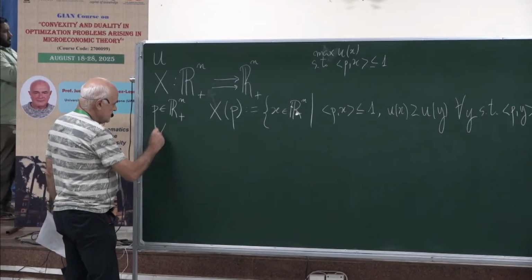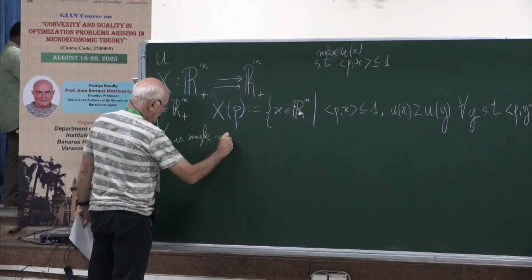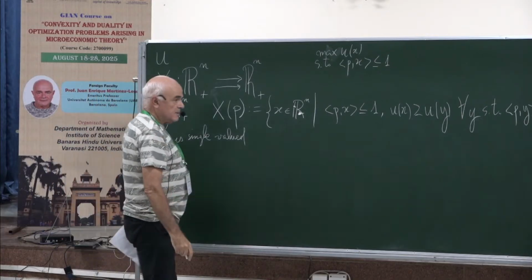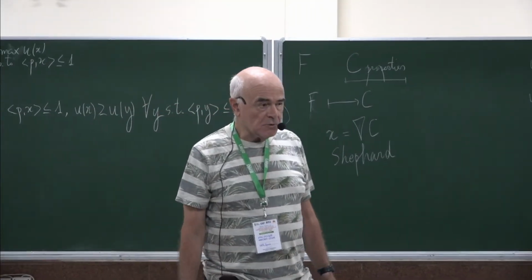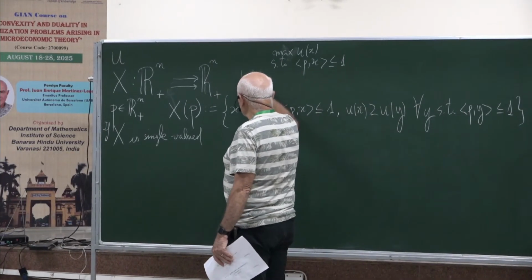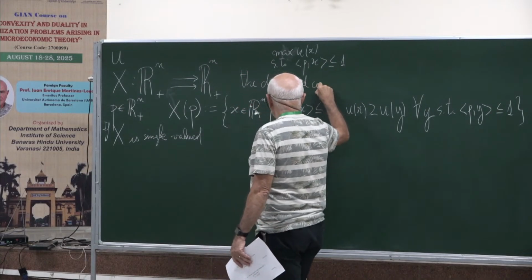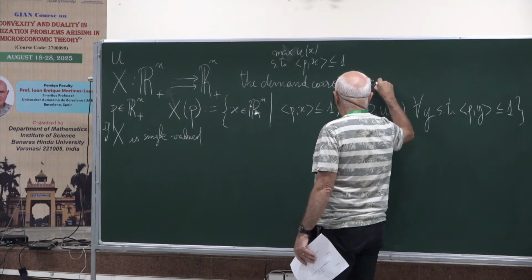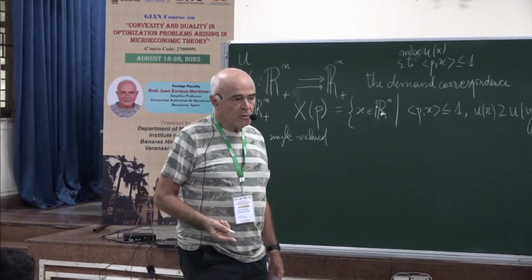So if X is single valued, then we will say that rather than a set valued mapping, we have a function. So this X is called the demand correspondence, associated with U, or induced by U if you want.